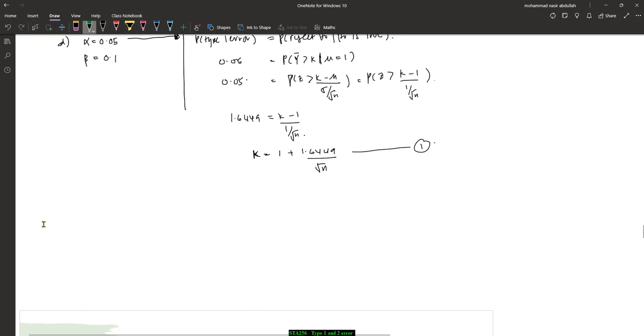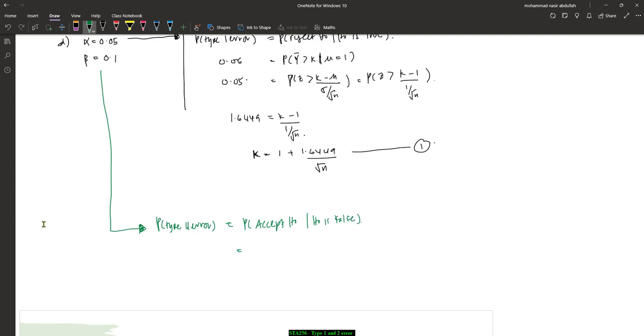Right. So next we are looking into type 2 error. The probability of type 2 error is equal to the probability of accepting the null hypothesis when the null hypothesis is false. So the probability of y bar less than k, given mu equal to 2, and the probability of type 2 error should be equal to 0.1.